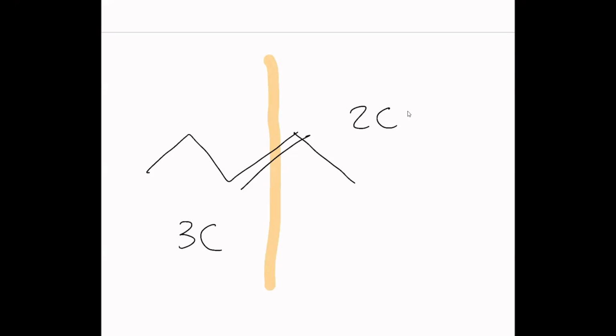So by just looking at that, forgetting about how it's drawn and all sorts of other things, there's more carbon on the left than there is on the right. So that is not symmetrical. And when I say symmetrical, don't overthink the word. It's just basically saying, is the left-hand side of the molecule exactly the same as the right-hand side of the molecule?